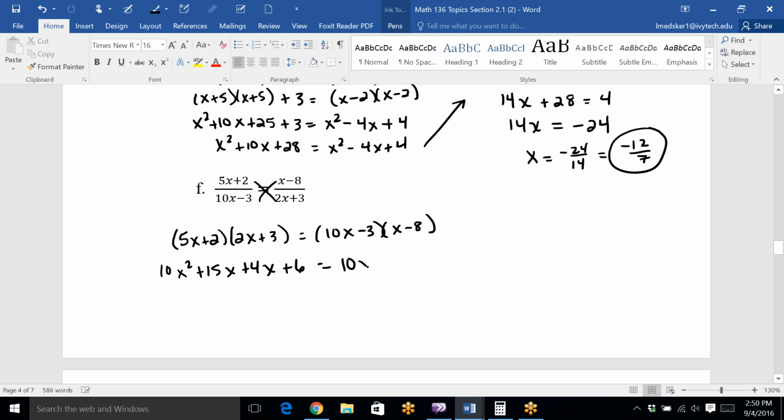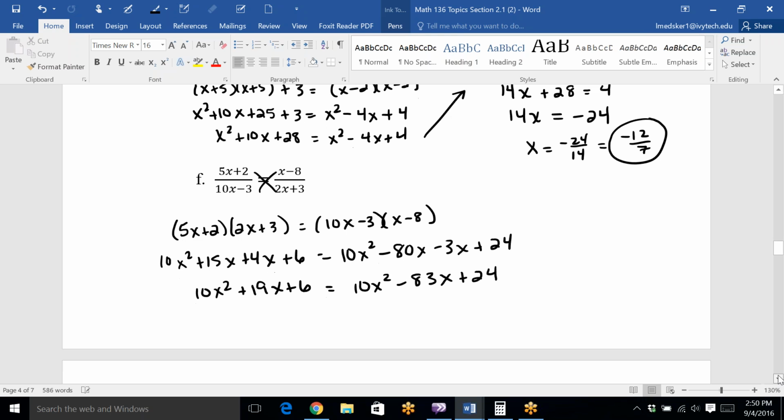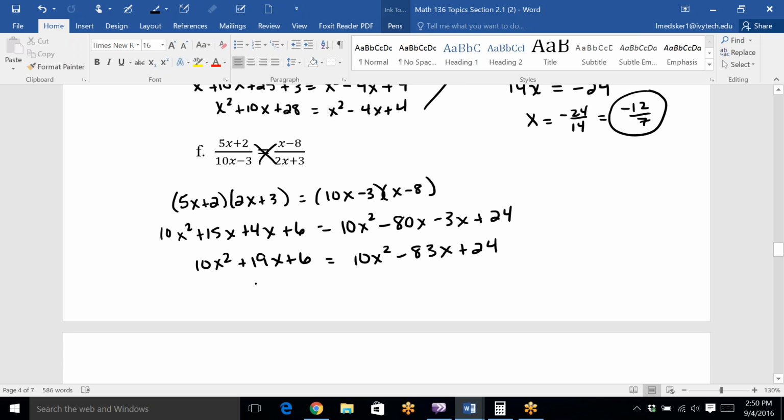This would be 10x squared minus 80x minus 3x plus 24. Combine like terms. Get 19x on the left side and negative 83x on the right side. The 10x squareds are going to cancel again when you try to move them over, so you're just left with the linear parts, which means not x squared.